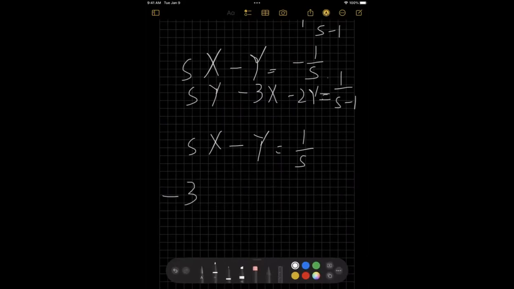So minus 3x, is it minus 3x? Yes, it is minus, no, it will be plus because on the other side was minus 3. So it is plus 3x plus s minus 2y equals, this is minus 1 over s, we have 1 over s minus 1. So look, it is a negative 1 over s, you are right. So till here, we have simplified it into a form we can solve.